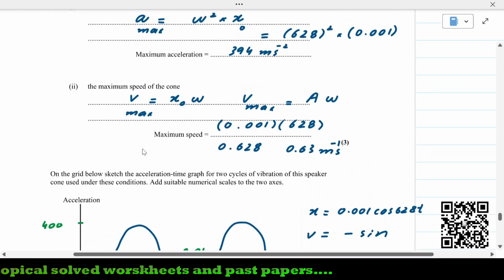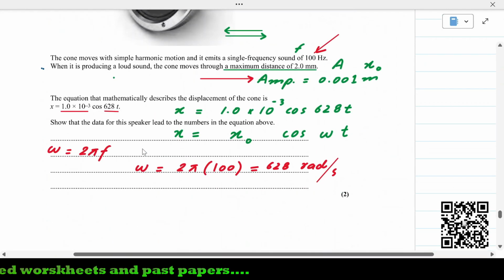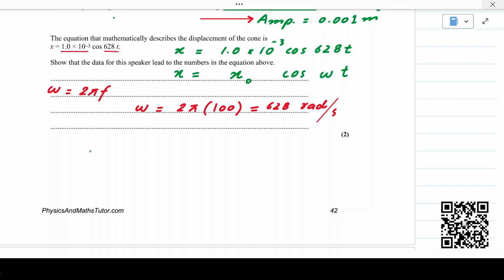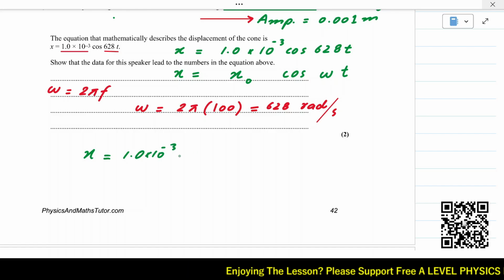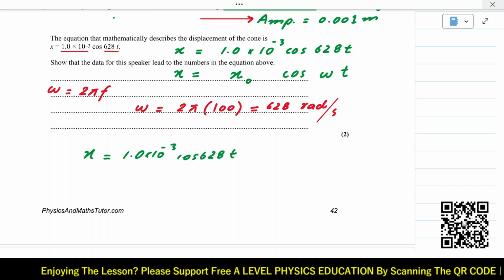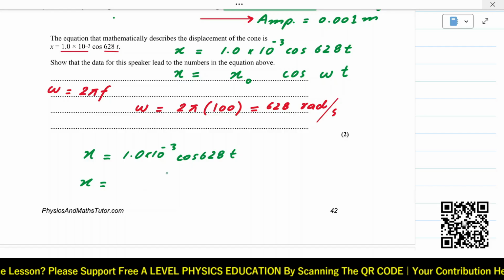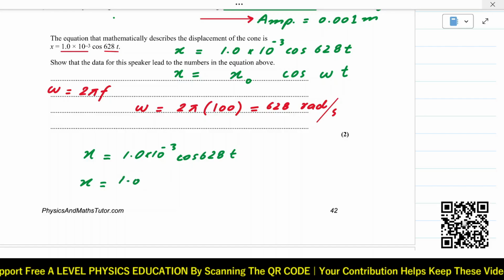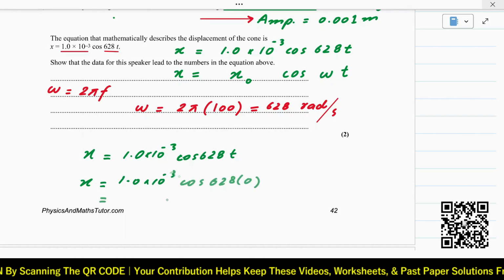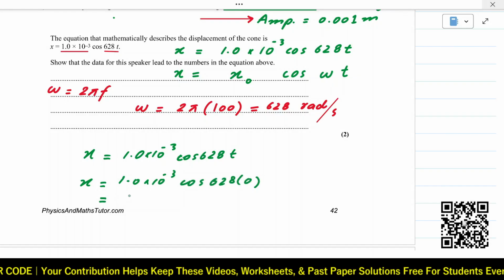Another thing is that displacement was maximum at t equals 0, because if you put t equals 0 in 1.0 × 10^-3 cos 628t, check it out, we get maximum displacement.